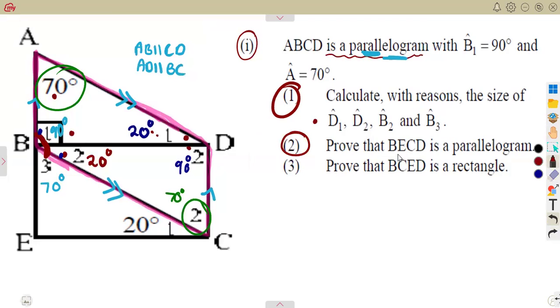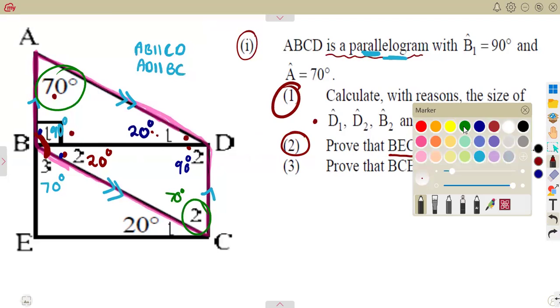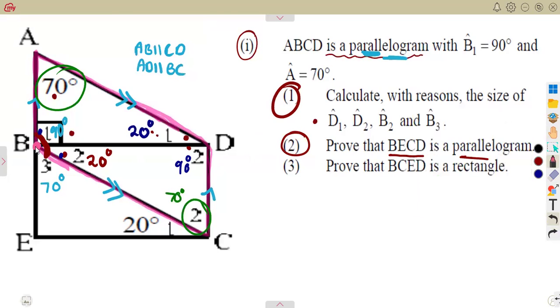Number 2, prove that BECD is a parallelogram. All right, let's see what they are trying to ask here. From point B to E to C to D, this one is a parallelogram.